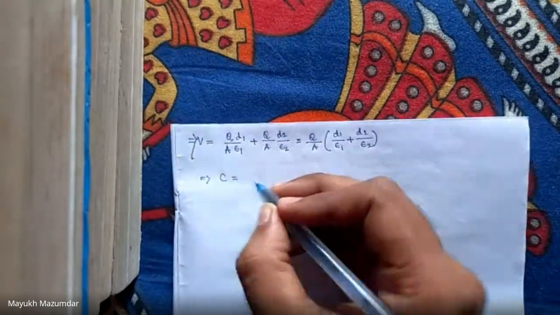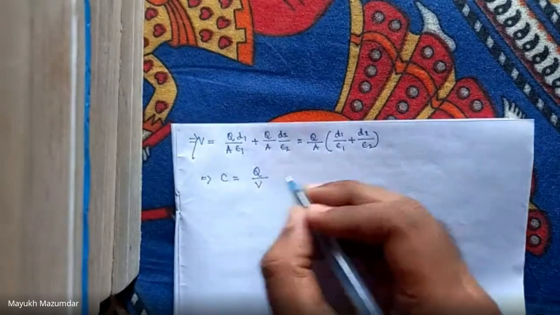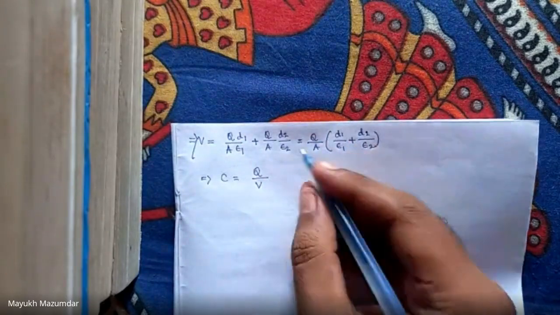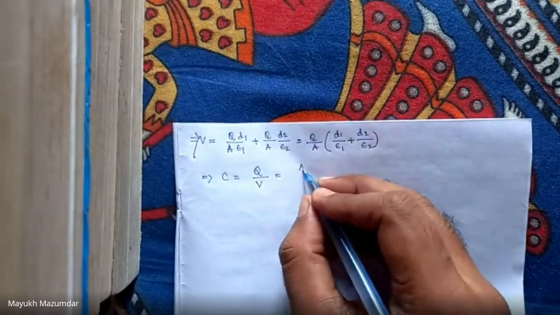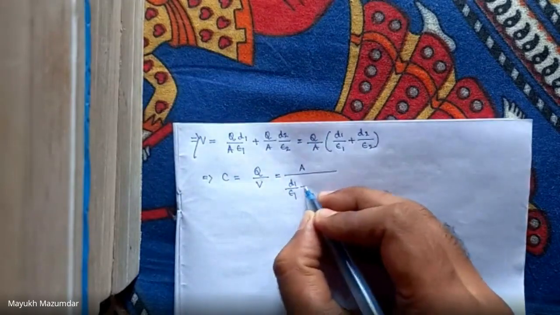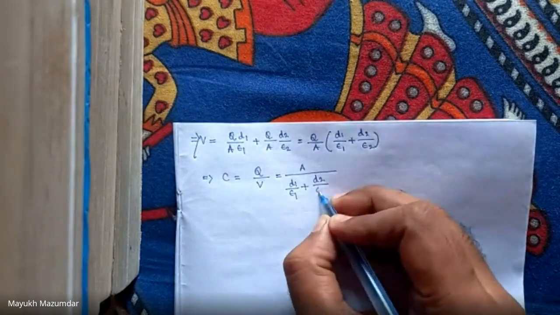Capacitance is nothing but Q by V. So from here you can get Q by V, which is A by this thing, d1 by epsilon 1 plus d2 by epsilon 2.